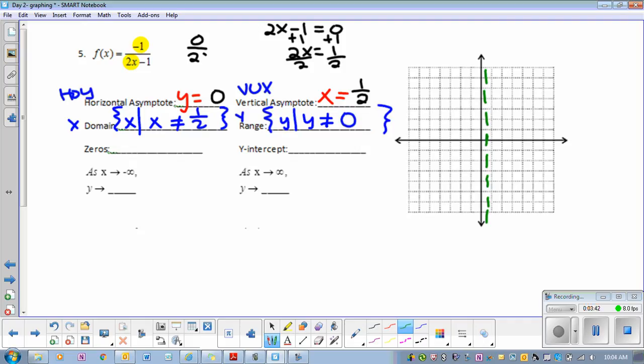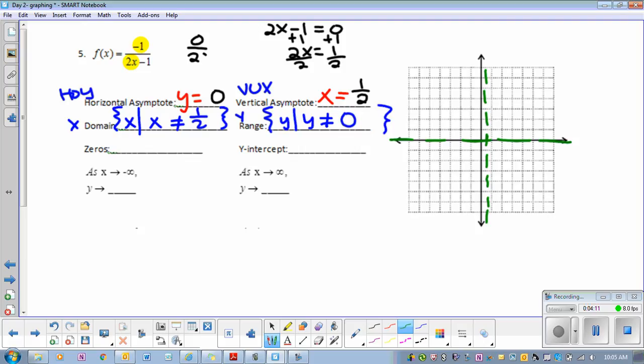And then y equals 0. That's a Hoy, so a horizontal line, left to right like the horizon. All right, so I have my asymptotes ready to go.